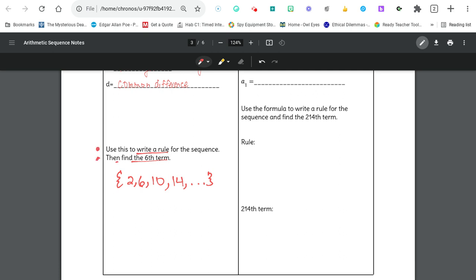So there are two things we're going to do. We're going to write a rule. You write a rule by using your equation: a sub n equals a sub n minus 1 plus the common difference, which we're calling d. The term we want to find is the sixth term, so n is equal to 6, and d will be equal to 4, what we're adding each time. So all I'm going to do is replace n with 6.